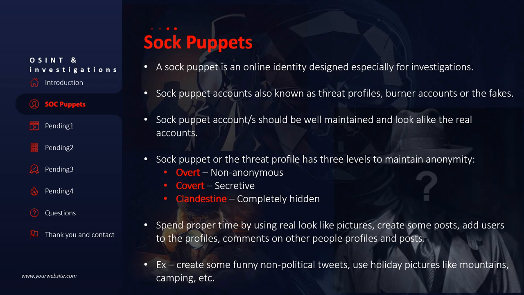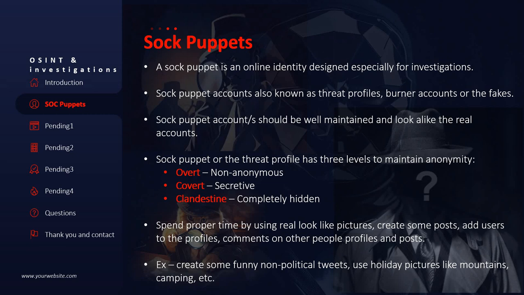A sock puppet threat profile usually comes with three levels to maintain anonymity online: overt, covert, and clandestine. You need to spend a lot of time creating pictures, posts, adding users, comments, and all that on your profile to make it look like a real profile.